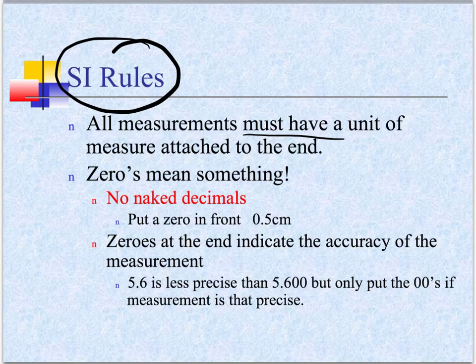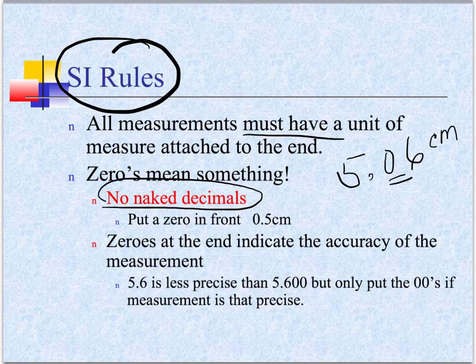So if you had 5.06, you have to make sure you put that 0 in. You can't just ignore it. No naked decimals. So if it's 0.506, you have to put a 0 in front of it because that tells you that it is a number less than 1. It helps with the accuracy of the measurement.